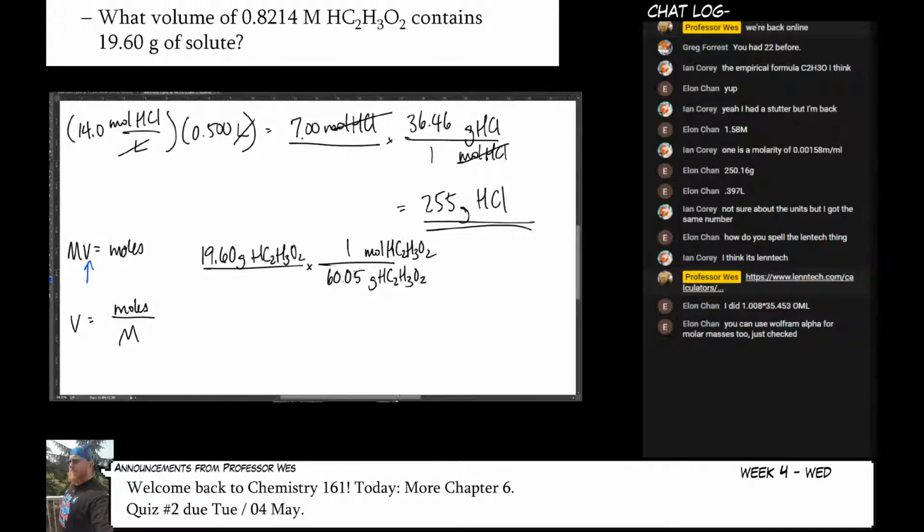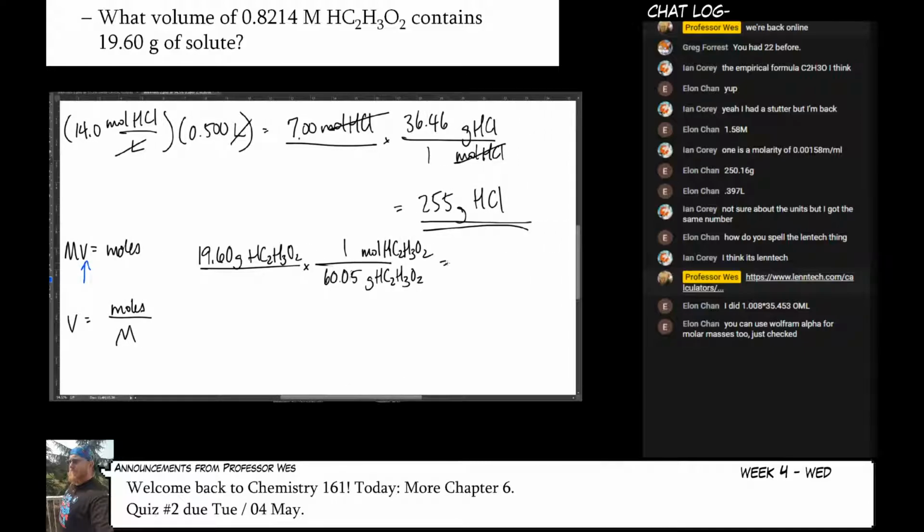So this would give me the number of moles. I got 0.3264 moles of vinegar. Okay, that number goes right here, and you know the molarity.